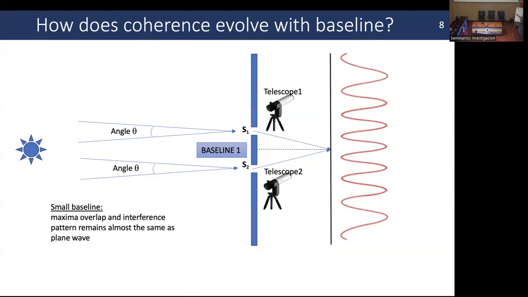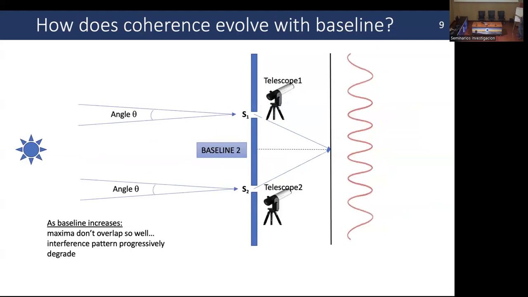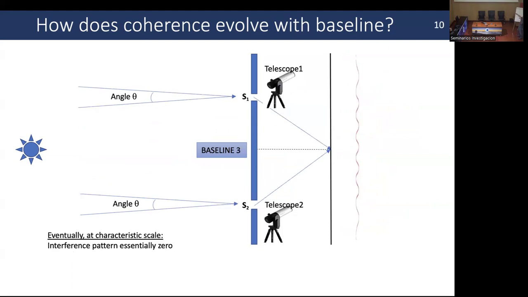But when you start to separate the telescopes, or you go for longer baselines, this pattern, as you see, the amplitude is decreasing, right? So you don't see the pattern so well. When you are far away, you don't see any pattern, okay?